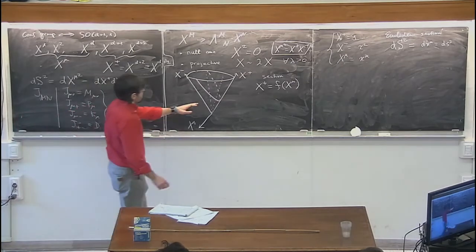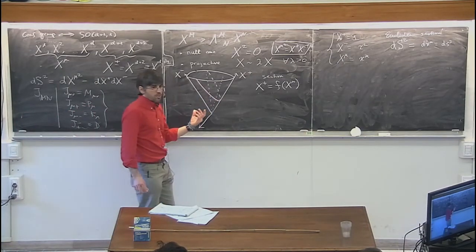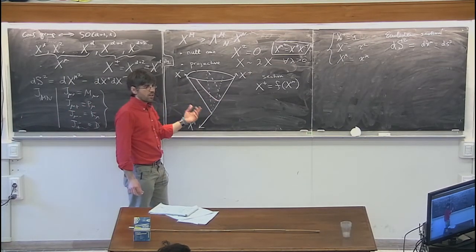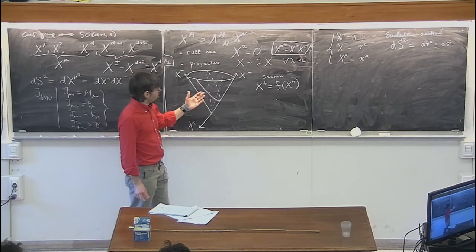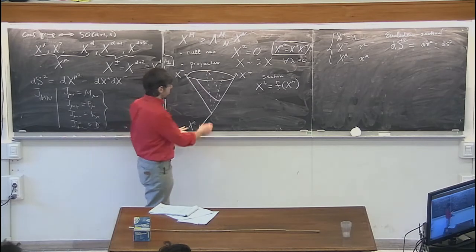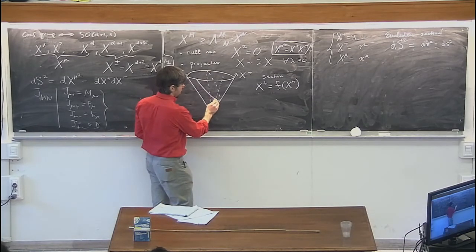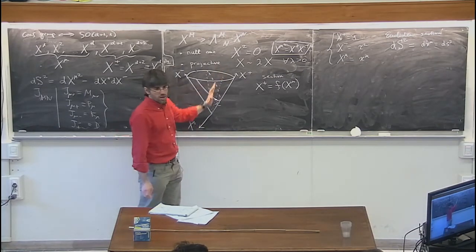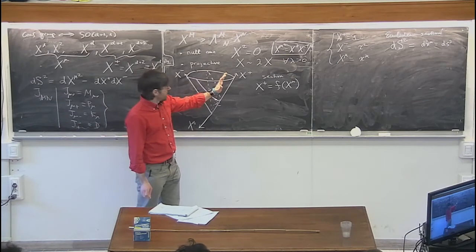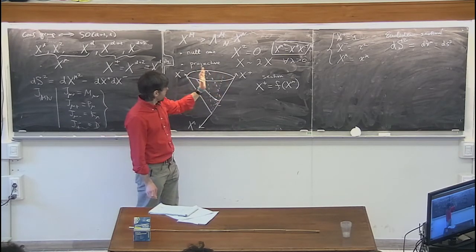And so now I have the recipe to generate the action of the conformal group on the Euclidean section. So I start with the point x. I consider a null ray which passes through this point. I apply a Lorentz transformation.